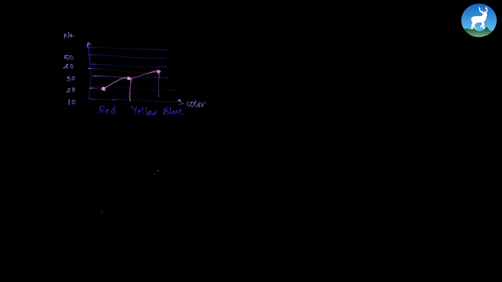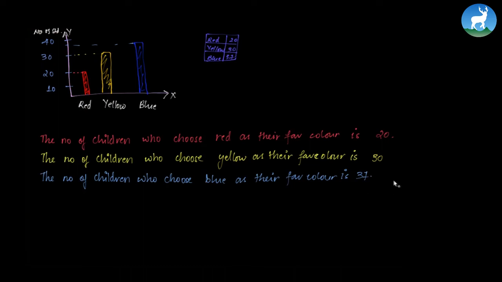In this way, we draw a line graph, and then we begin by interpreting it just like we did before. So introduce, then give the message, then conclude. So here we will write the conclusion. We can conclude that children like blue the most, and just continue writing.